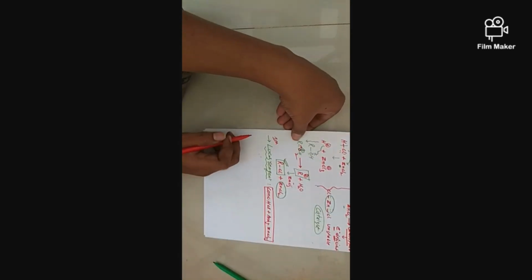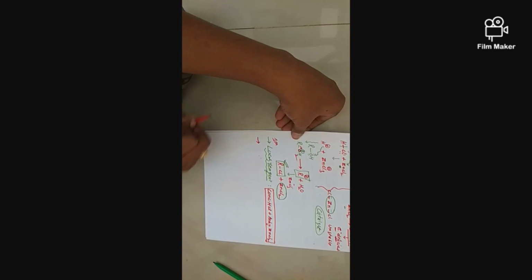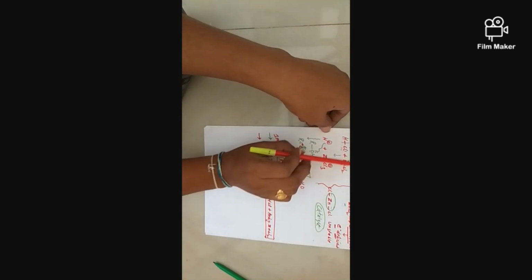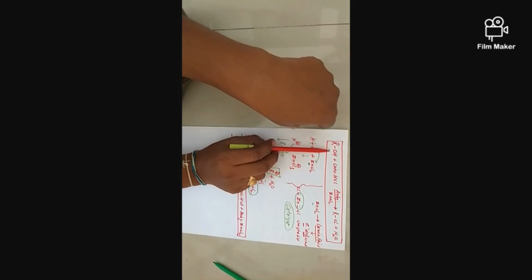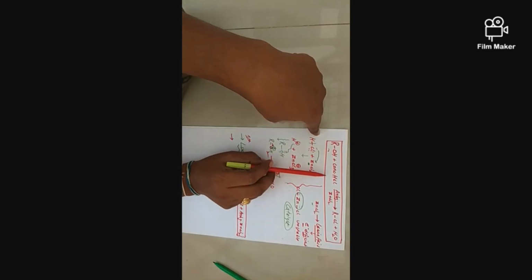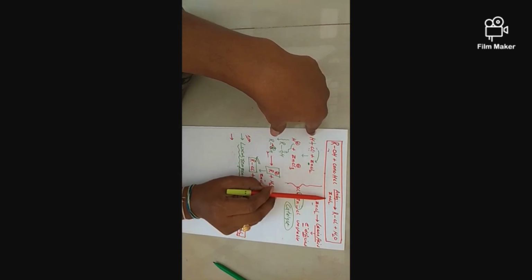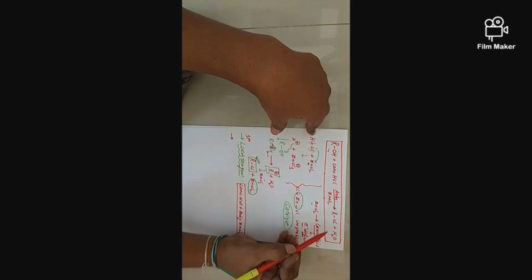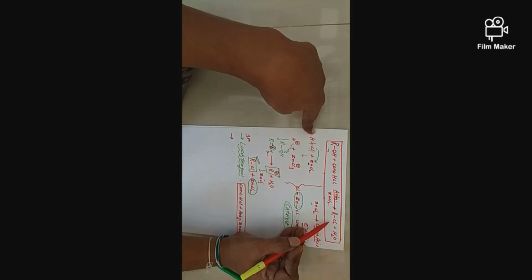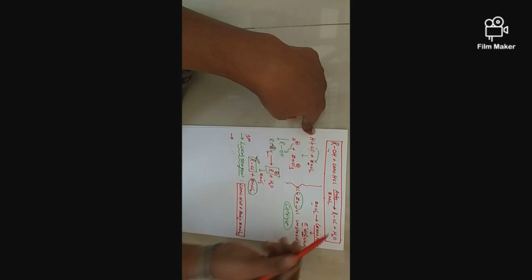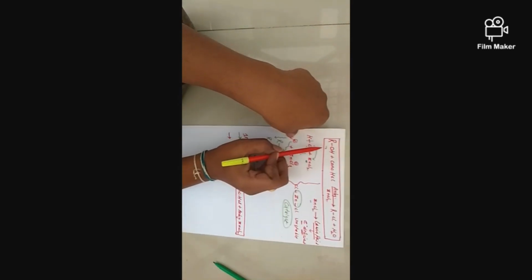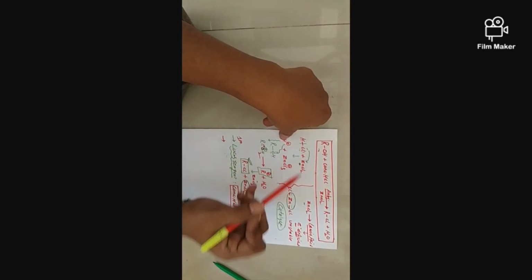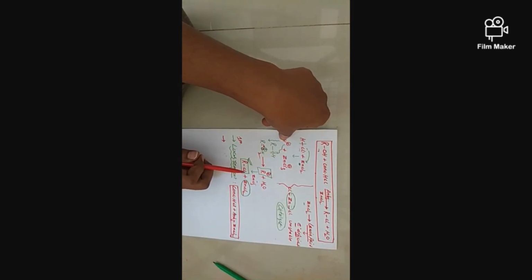Next, one more important point. In this Groves process, what are the reactants? Alcohol reacts with concentrated HCl in the presence of anhydrous ZnCl2 to form alkyl chlorides. What type of alcohols are more reactive towards the Groves process?